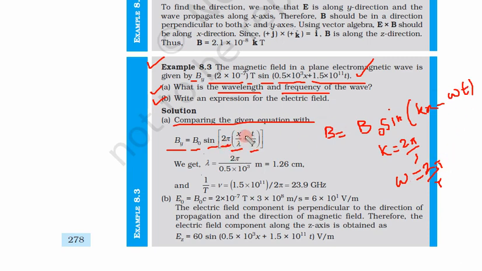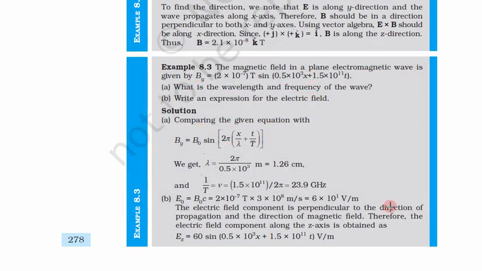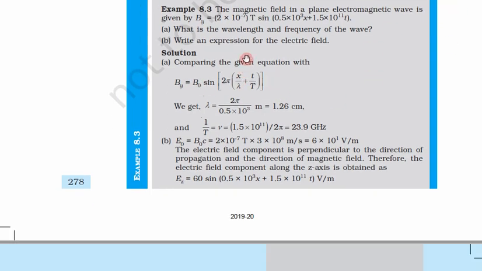Here they have used the plus sign, the positive sign. So when we compare this with the standard equation, what do we get? Lambda is equal to 2 pi upon 0.5 into 10 to power 3 meter. How do we get this term?